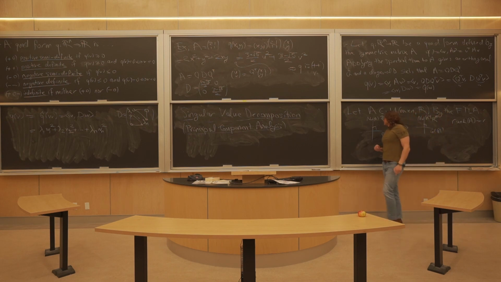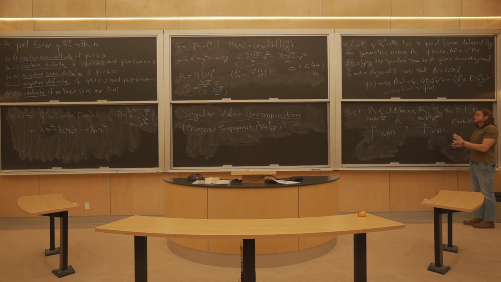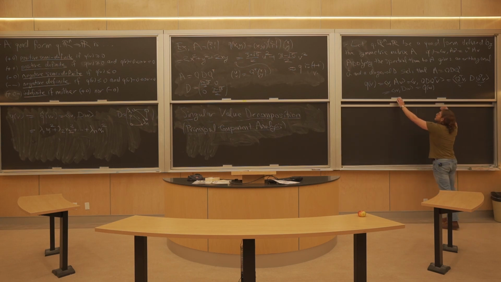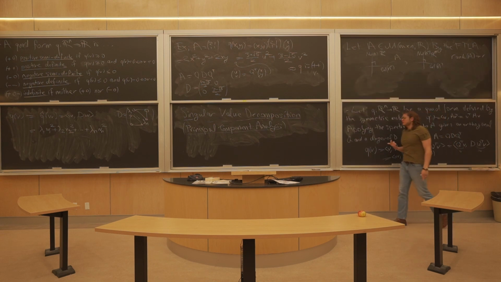So now, basically what I want to do is say something like the spectral theorem. I want to say that A is basically a diagonal matrix up to a change of coordinates. It doesn't quite make sense because A is not even square necessarily. But what you can try doing is this.